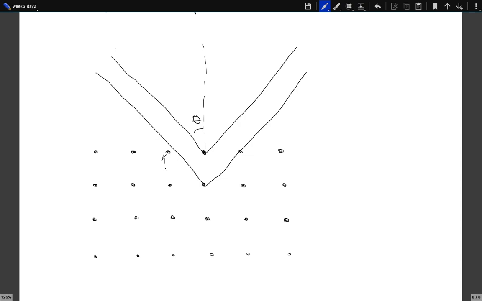This distance between two layers, let's call it d. Now, if you put a detector over here, at the position of the detector, you will just see the interference pattern. You just sum these two. If they interfere constructively, you will see some signal. If they interfere destructively, you won't see any signal.